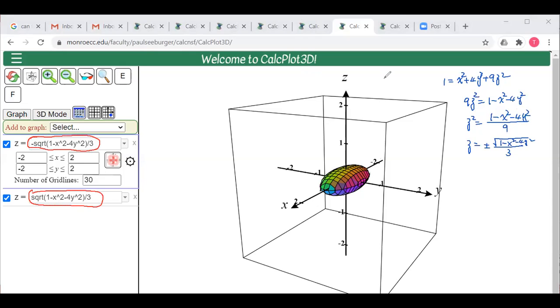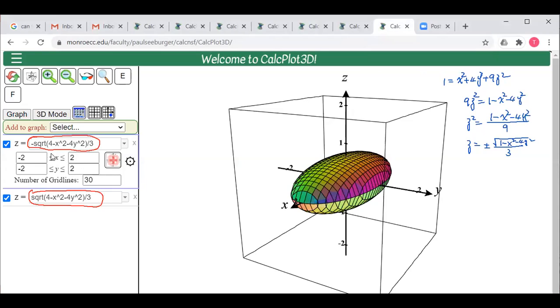The same way, when the level surface is 4, you do the same thing here. So what do you have here? Instead of the 1, you have a 4 here.